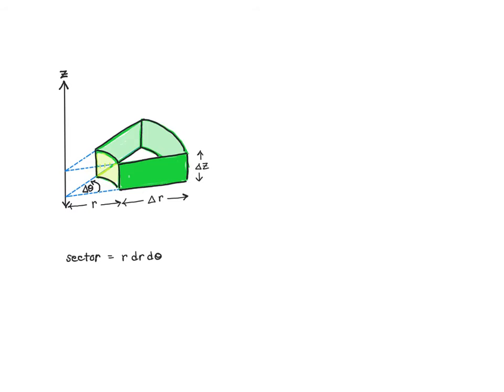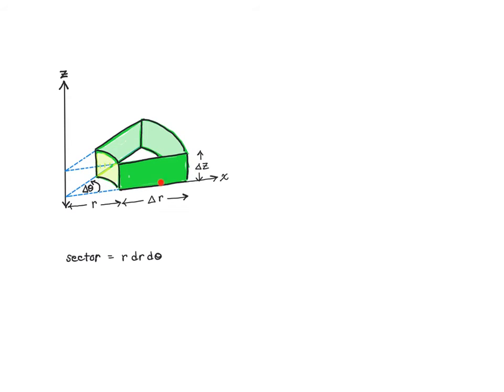If this coming out here is our x-axis, you can see how we're rotating toward our y-axis, and how r is growing, increasing in this direction, so we have our delta r, and our point can also be moving up in the z direction, and we have our delta z.